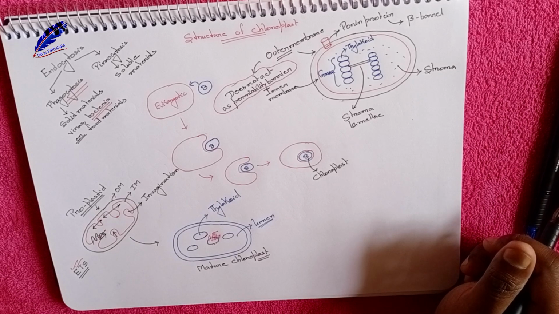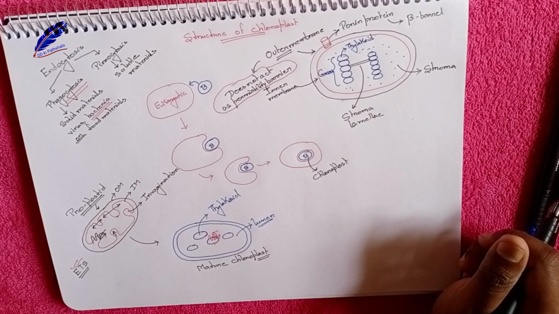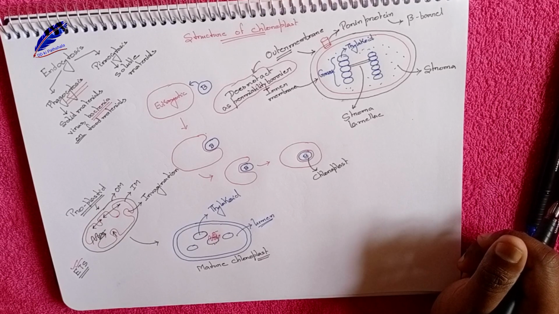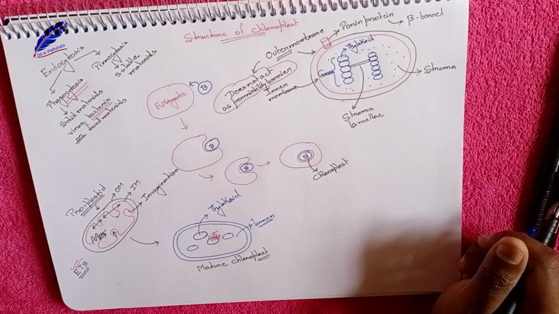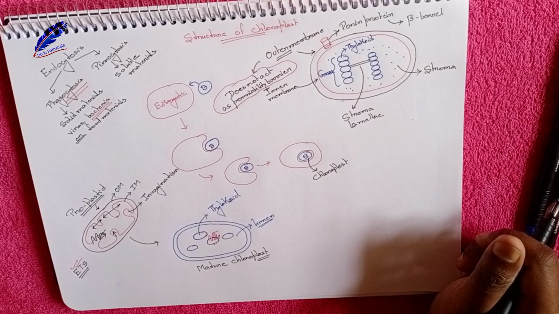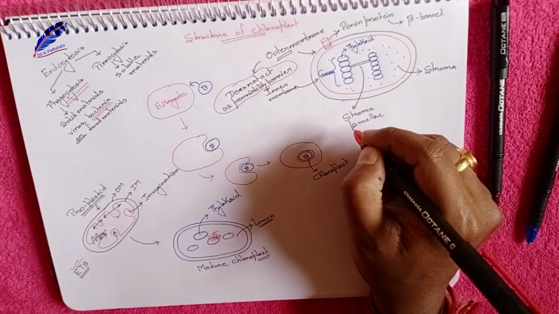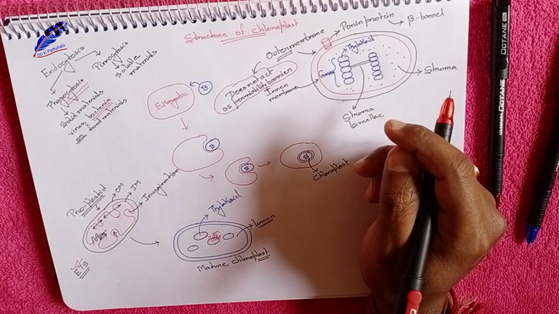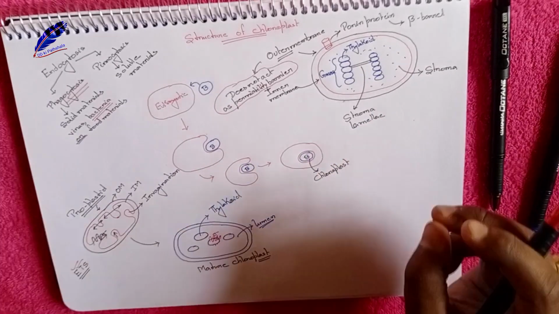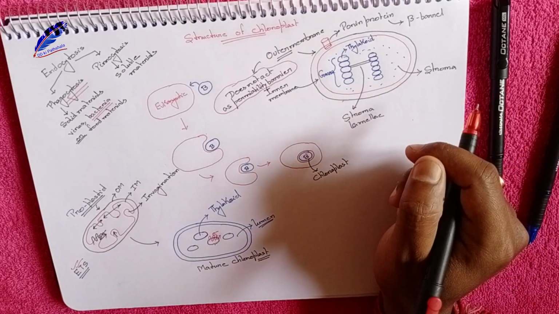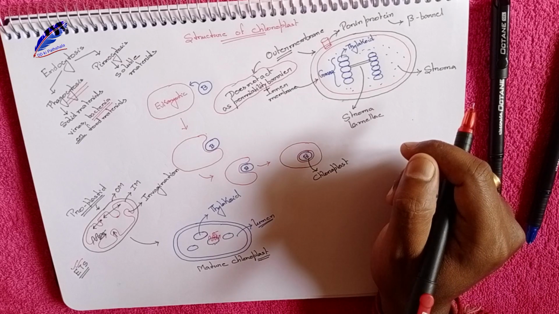Now in our last class we discussed that there are two divisions of photosynthesis. One is the light reaction and another is the dark reaction. Both take place inside the chloroplast but at different locations.